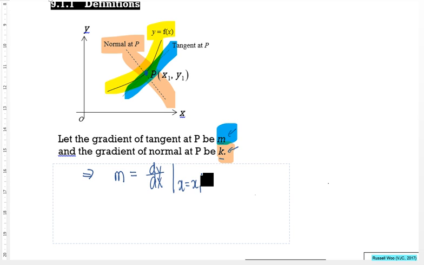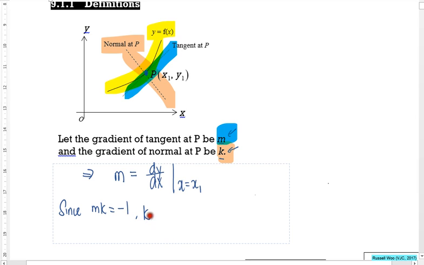Now, how do we find the gradient of the normal? The tangent and the normal are perpendicular to each other. So does it make sense that mk equals -1, because this line and this line are perpendicular? This is what you learned before. The gradient of the tangent times the gradient of the normal must equal -1.